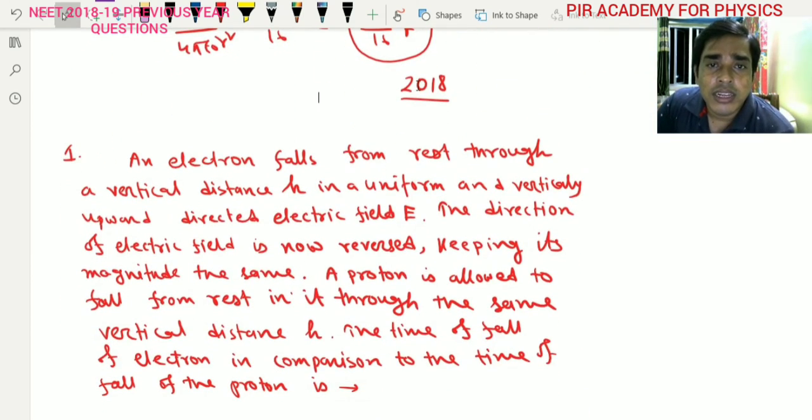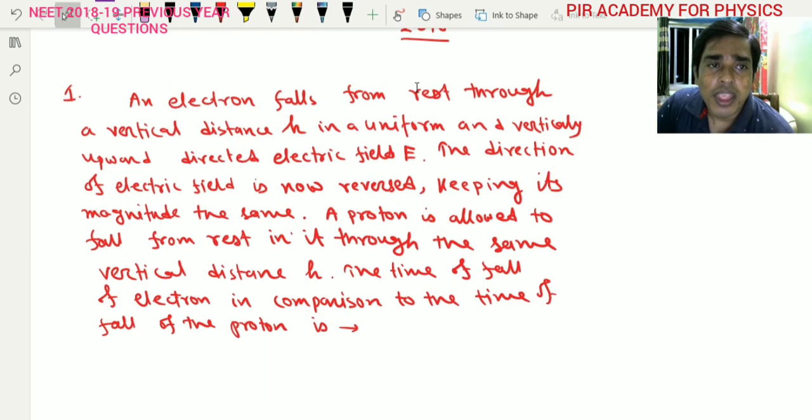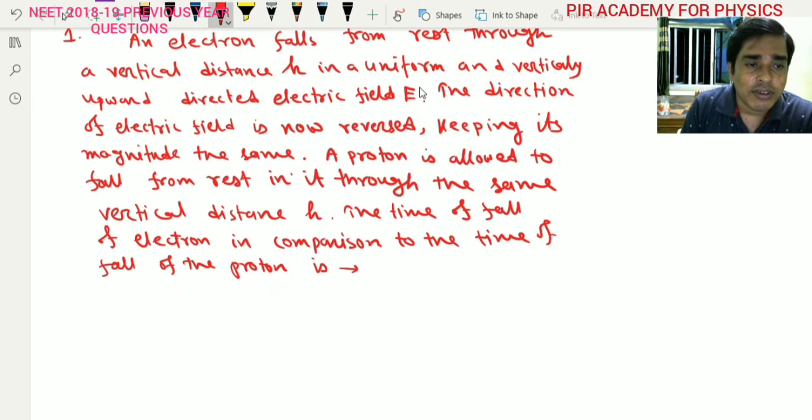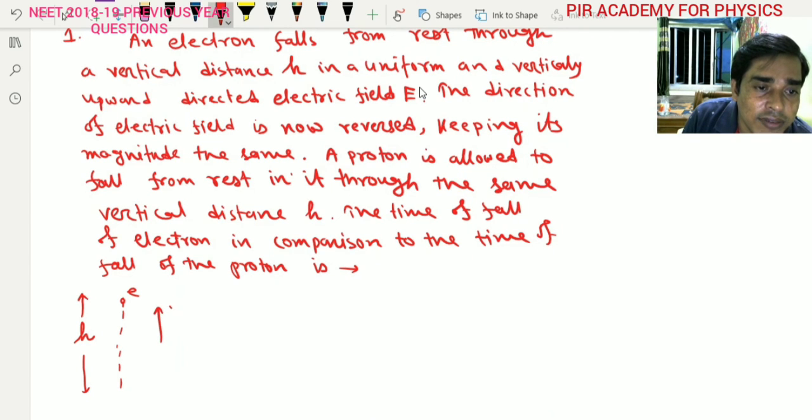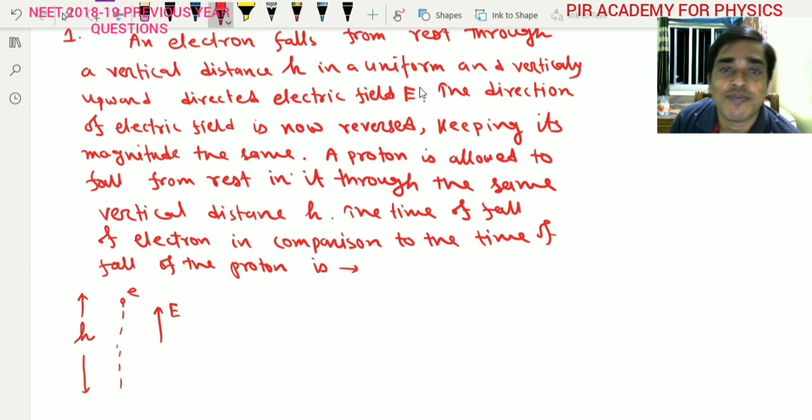Now in 2018, here you see that an electron falls from rest through a vertical distance h. Suppose this is the electron, and this electron falls from a vertical distance h in a uniform vertically upward directed electric field. So this electric field is along this direction.